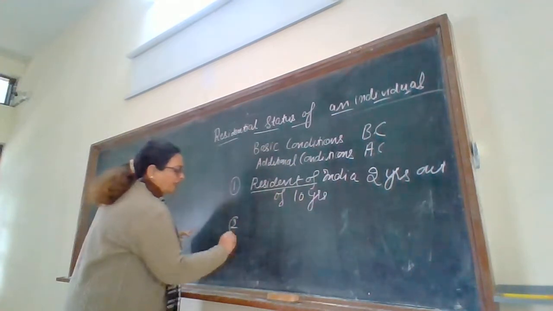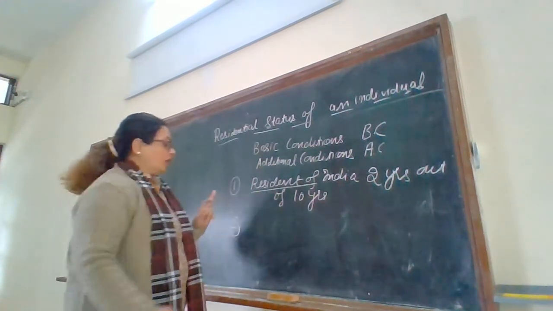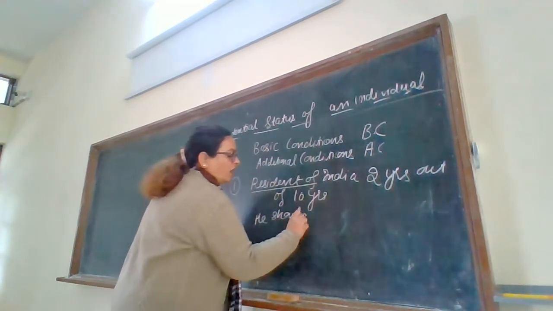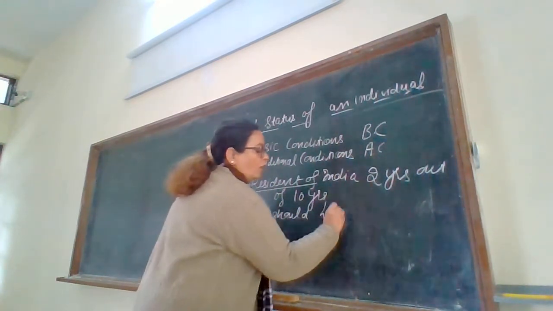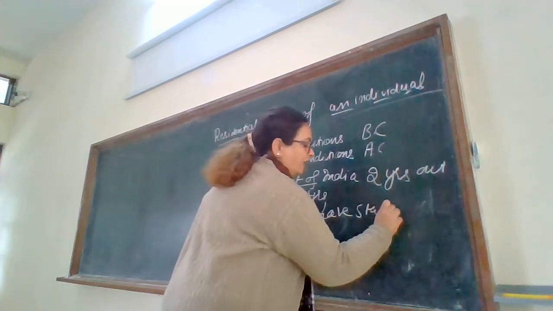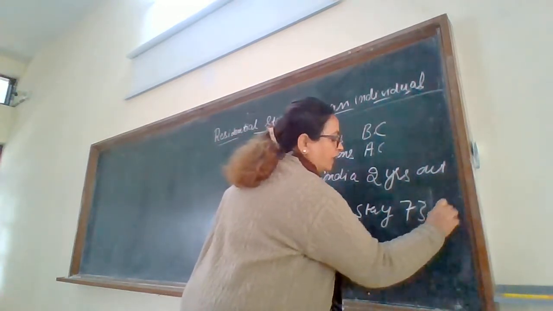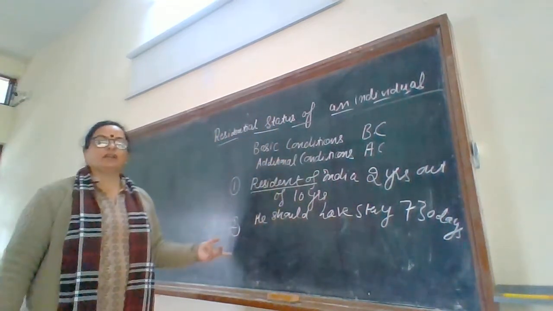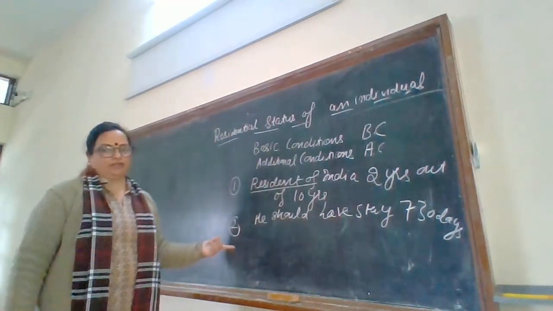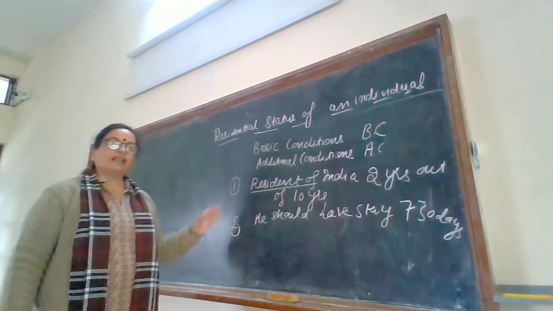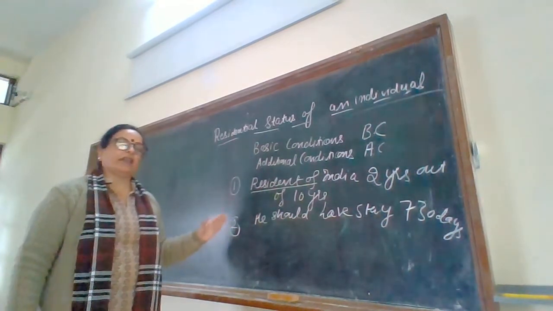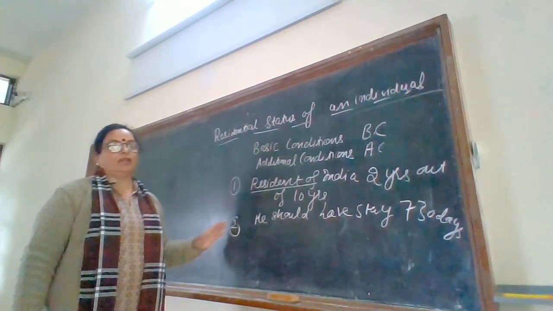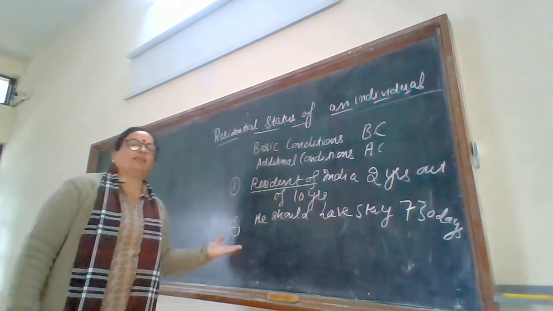Now about the second additional condition, he should have stayed in India for at least 730 days in all, or more than 730 days, in the 7 years preceding the relevant previous year.